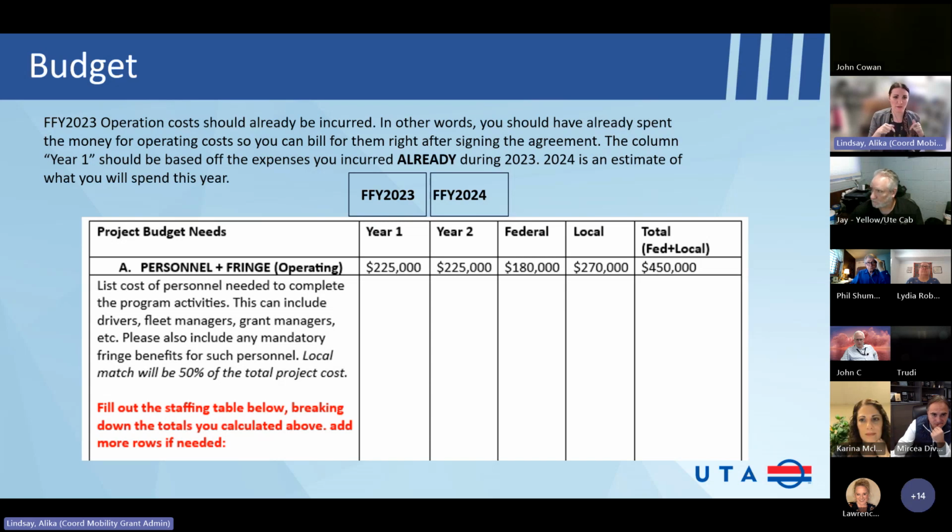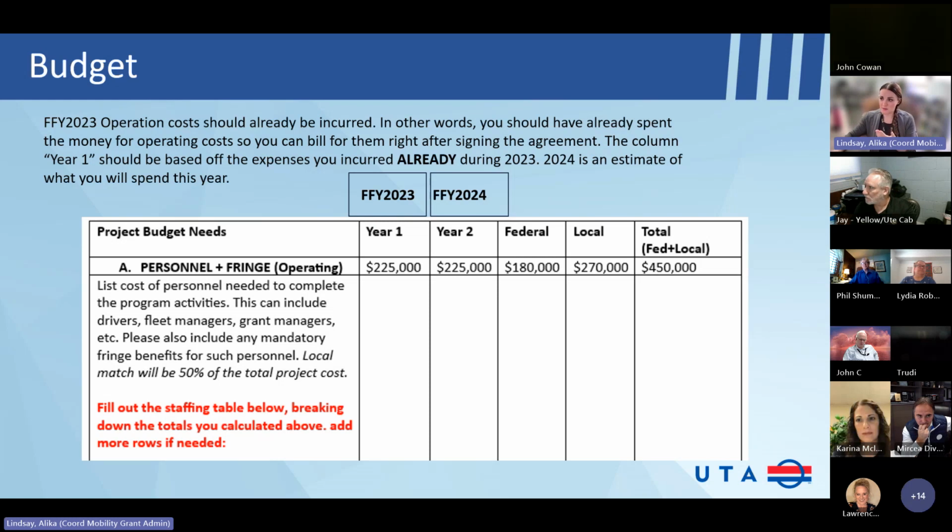And that's not what this grant is for. This grant is for 2023 and 2024. So your 2023 operating costs should have already been incurred. You should know what they cost you, and you should be able to put them on this form. And then you can use those numbers to estimate what 2024 will look like.